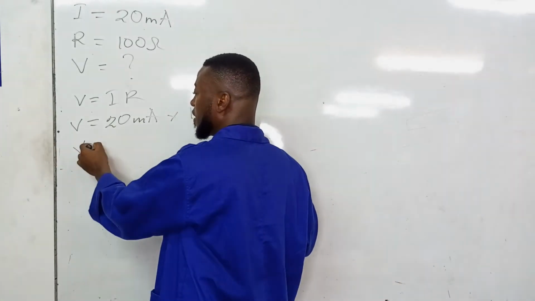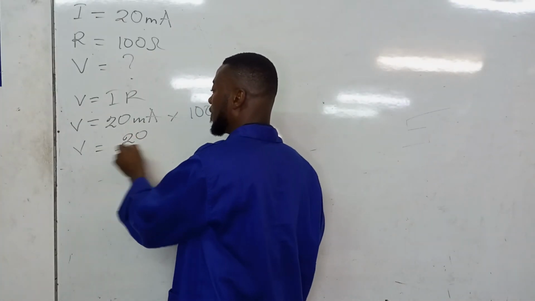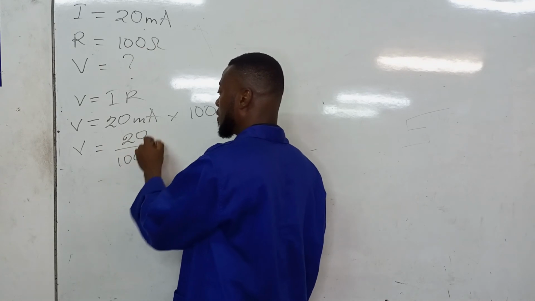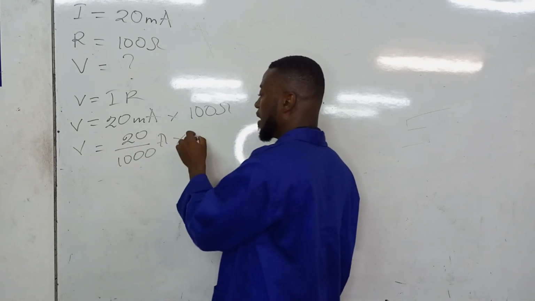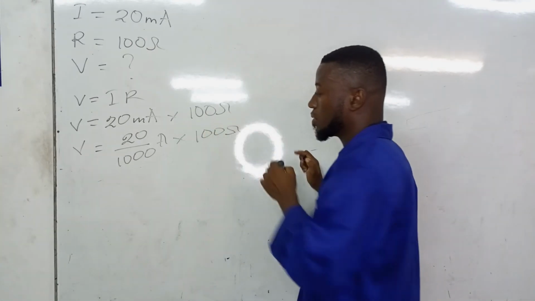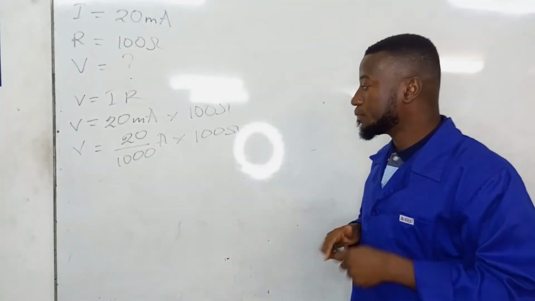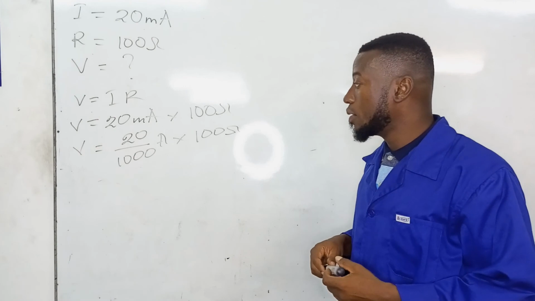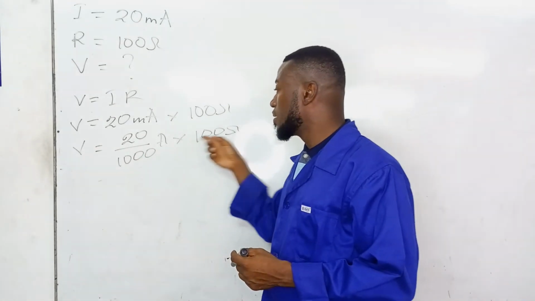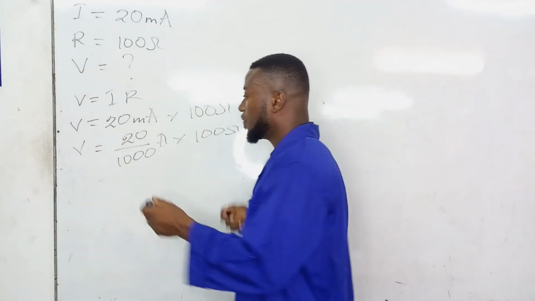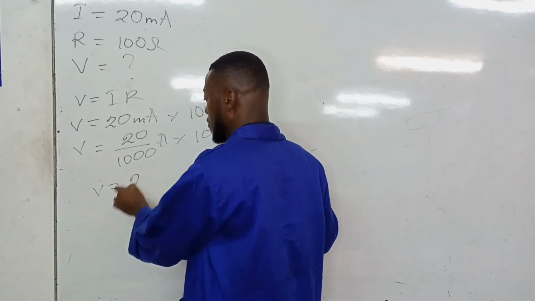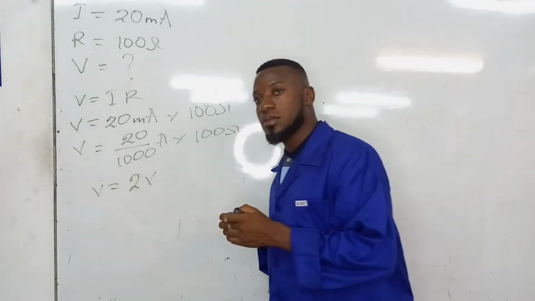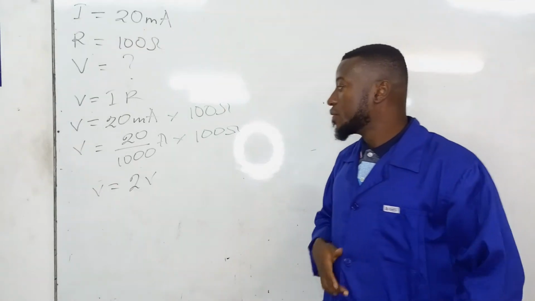So V equal to 20 divided by 1,000 amp times 100 ohm. By cancellation, we will see that the voltage is 2 volts.